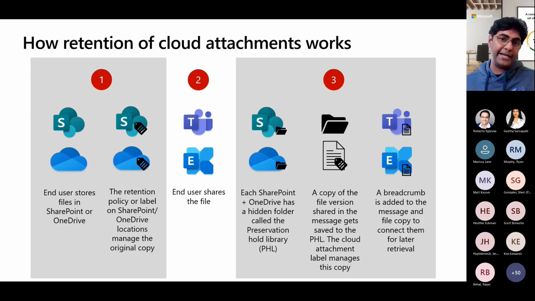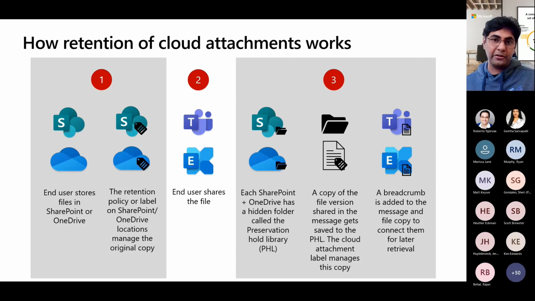What we do essentially is we identify the specific version of the file that has been shared in a specific communication, and we make a copy of that file and we store it in this secured location, and we apply the label to it, and so it is retained for the designated period. And then we add a pointer to the Teams message or the Exchange email, so it can be discovered in the eDiscovery solution.